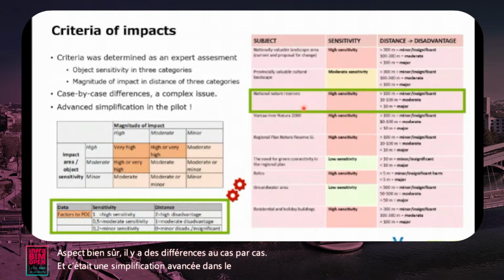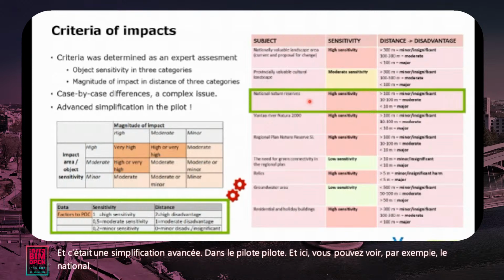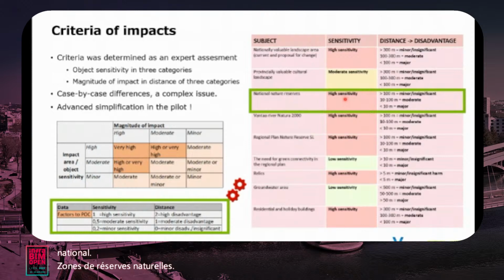And here you can see, for example, the national nature reserve areas, the predefined sensitivities, high sensitivity, and then there is the 3-step distances about the disadvantage.